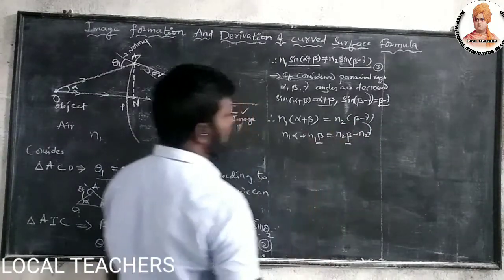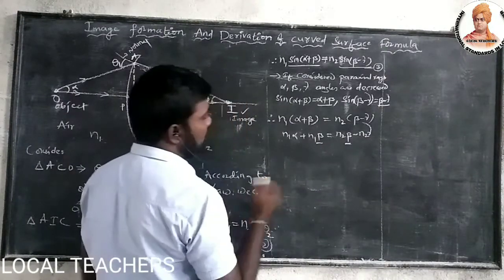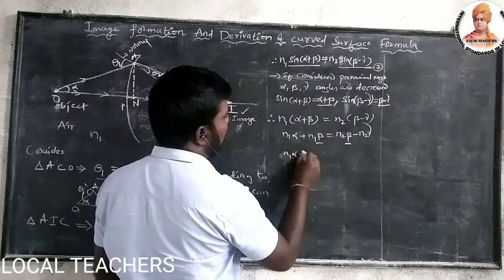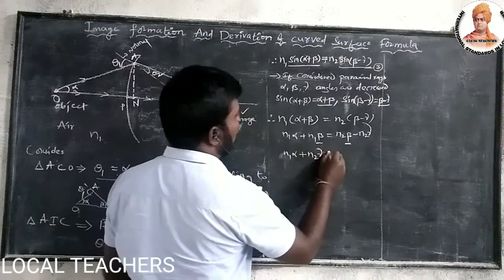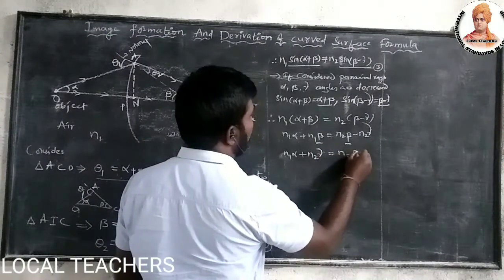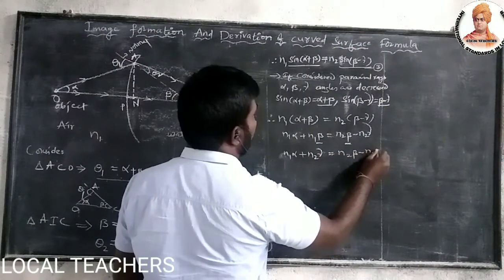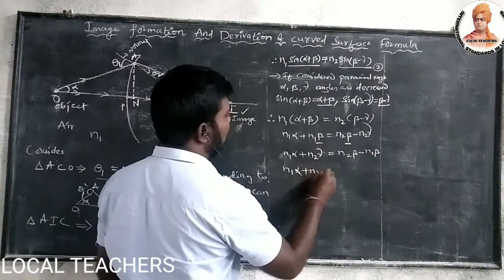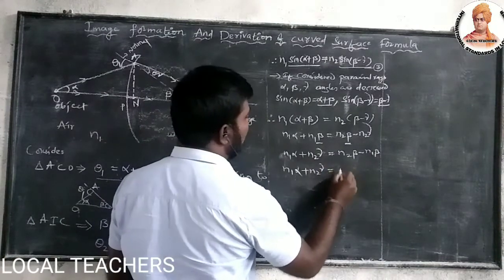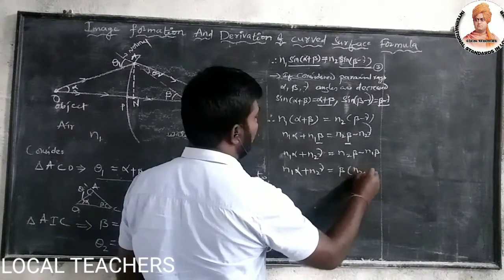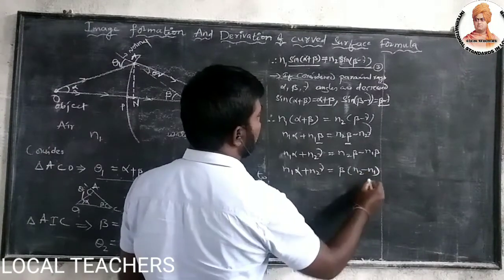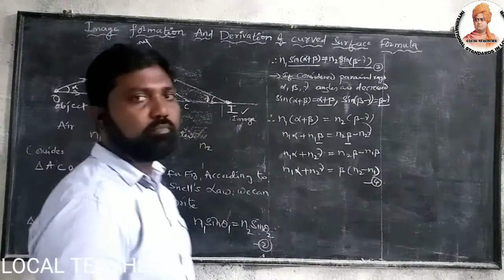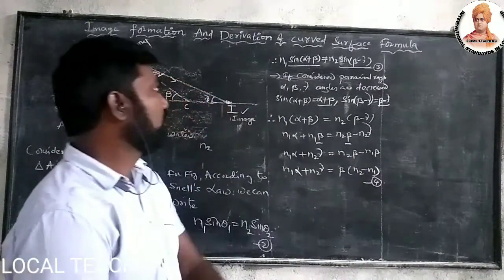Beta is common, so bring it to the same side. So I can write n1 alpha plus n2 gamma equals n2 beta minus n1 beta. Taking beta common, that is n1 alpha plus n2 gamma equals (n2 minus n1) beta. Consider this is equation number 4.